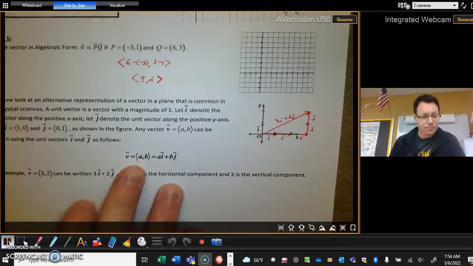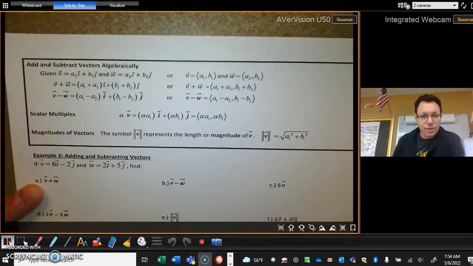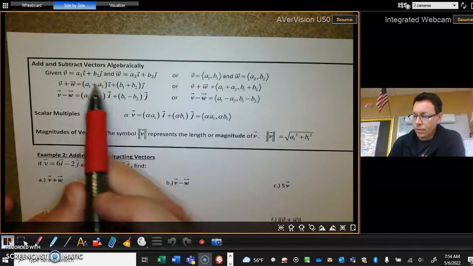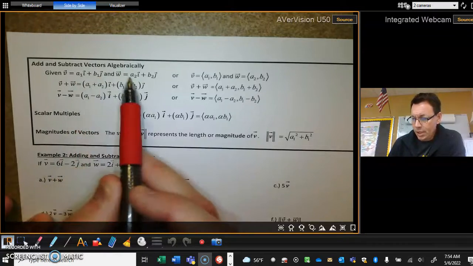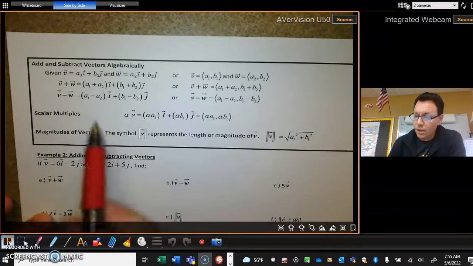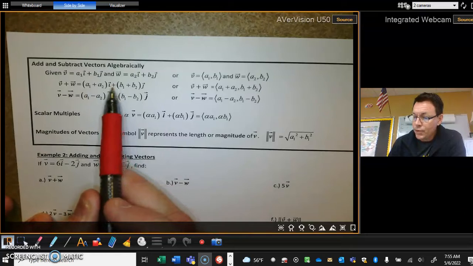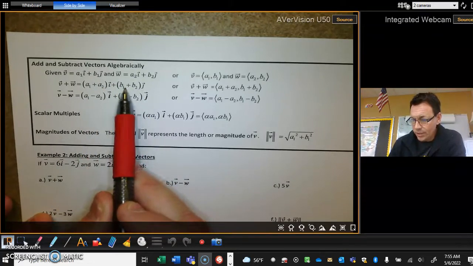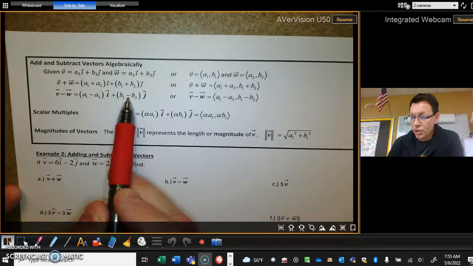So we can write vectors as the resultant of these unit vectors. Okay? Now, if you do that, then we've got some formulas on how to add, subtract, and multiply vectors. Given unit vector form, so ai plus bj and then ai plus bj, I'm going to add these 2 vectors together. All you do is you combine like terms. Okay? You add the horizontal vectors, you add the vertical vectors, and that's your new vector. To subtract, you just need to make sure you distribute the subtraction.